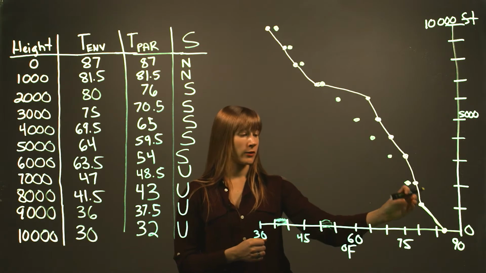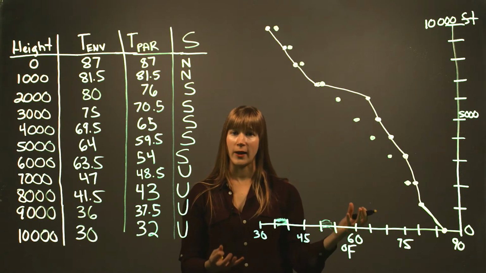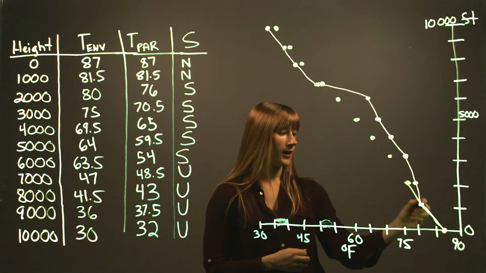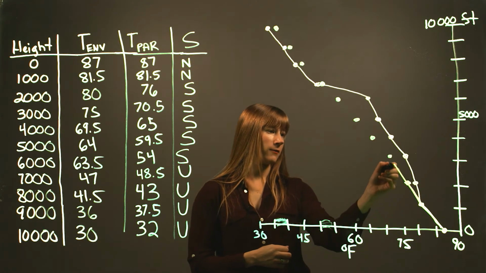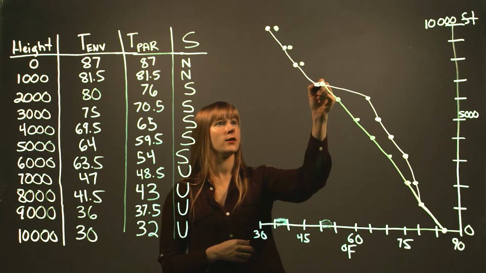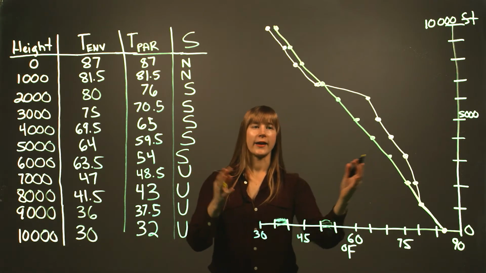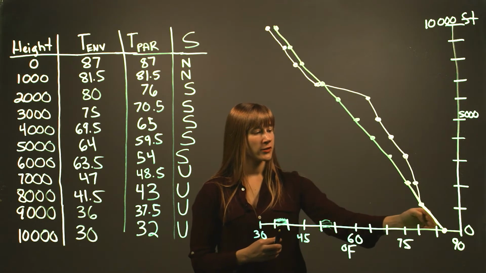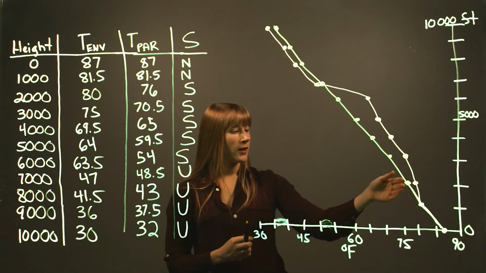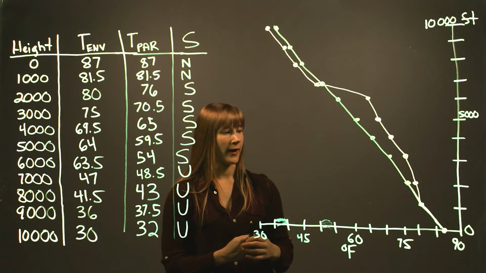So between the ground and 1,000 feet, the air parcel actually overlapped the environmental temperature. And then if I connect these points, and if I've done this right, it should be a nice straight line, constant slope. I can connect up all those points. So now I've got the temperature profile for my air parcel superimposed on top of my environmental temperature profile.